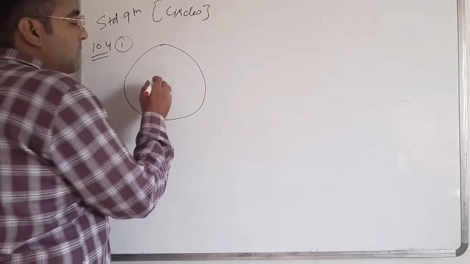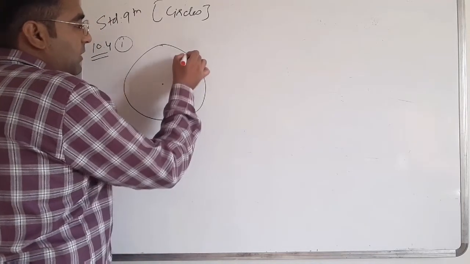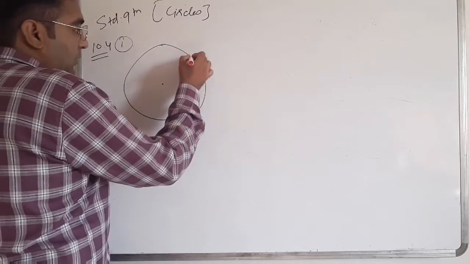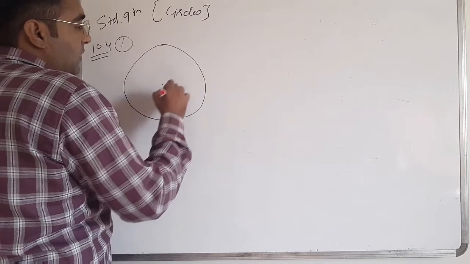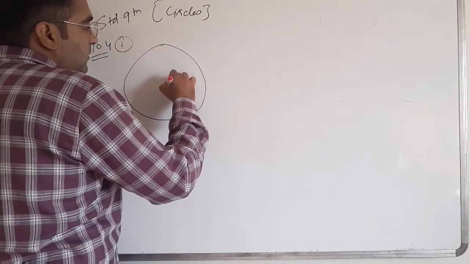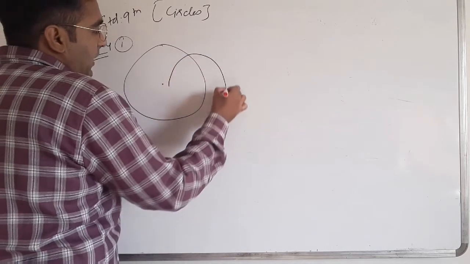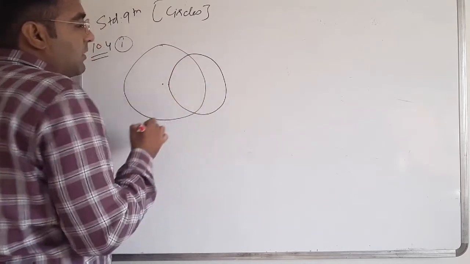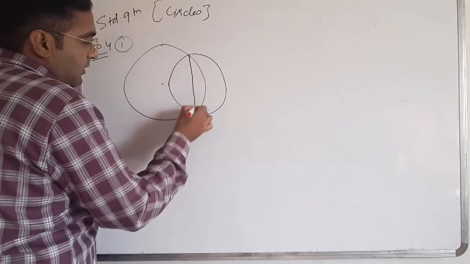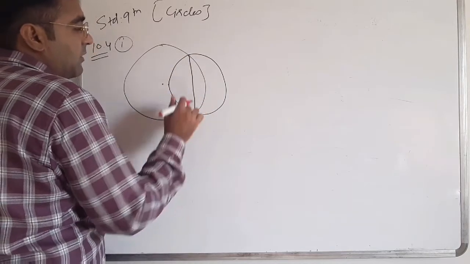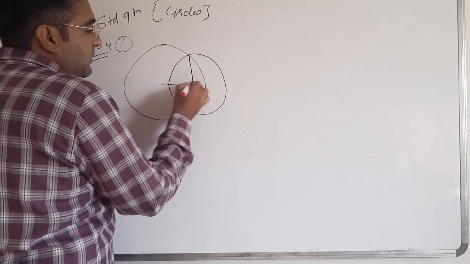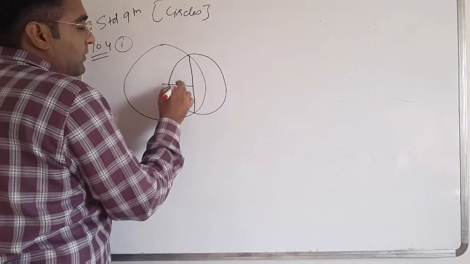So first of all, this is the circle, and now I'll draw the common chord. I'll draw the second circle, which has another center, and their distance is 4 centimeter.